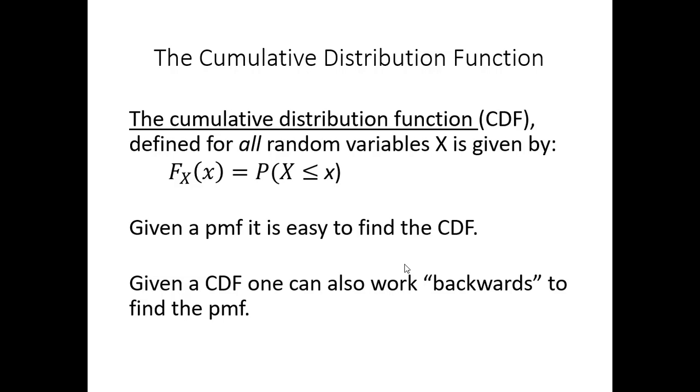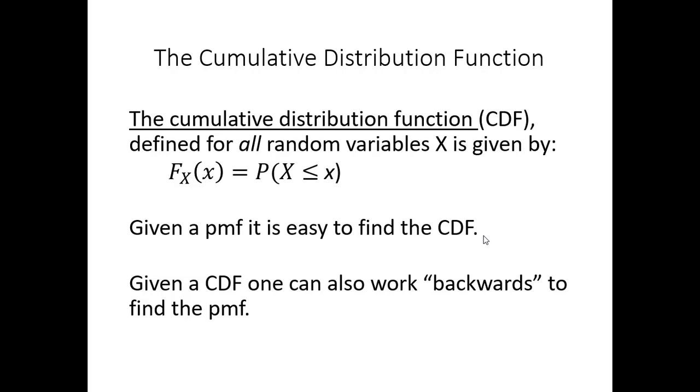Now, the cumulative distribution function, abbreviated CDF, is defined really for all random variables X and is given by, we use the notation capital F, and usually the subscript for our random variables X. So the CDF of value X is the probability that our random variable X is less than or equal to a specific value of X. So given a PMF, it's easy to find the CDF just by adding successive values.